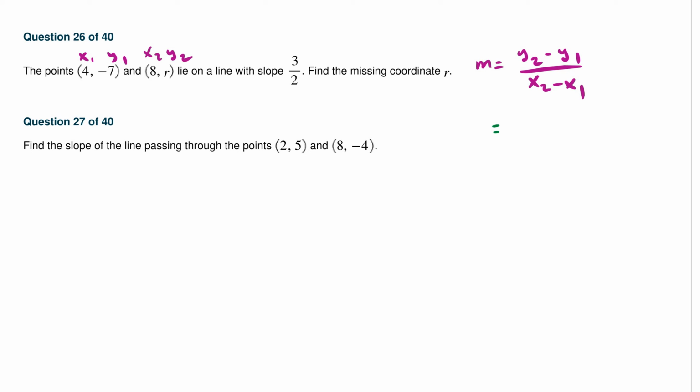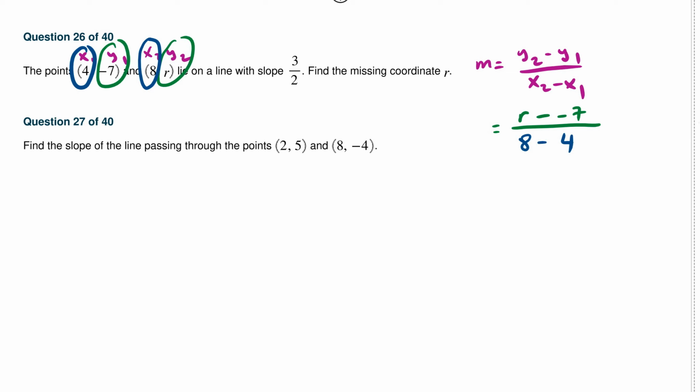Then we can go ahead and plug it in. y2 is r minus y1 is -7, so minus -7. x2 is 8 minus x1 is 4. We can rewrite this as r, two negatives turn into a positive, r plus 7, and 8 minus 4 is 4.